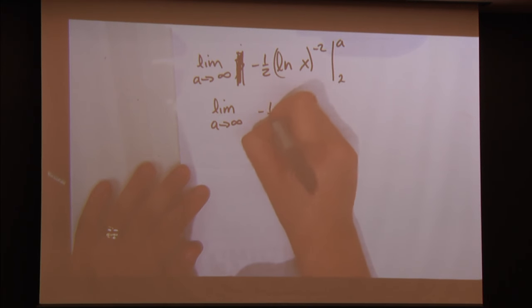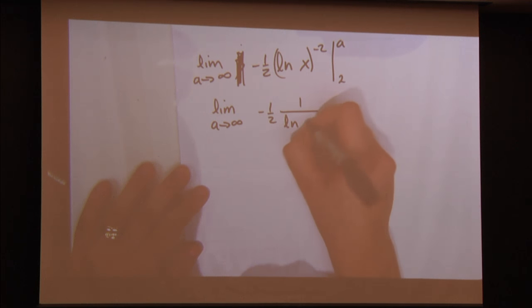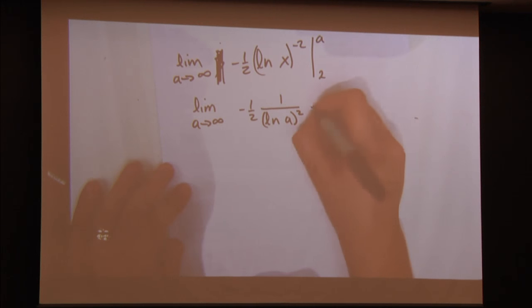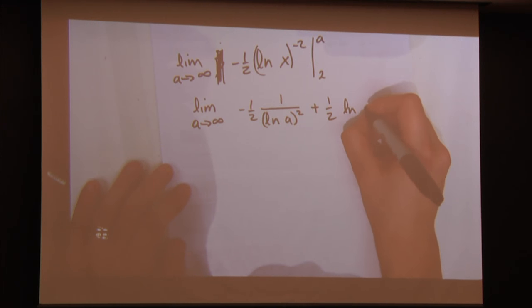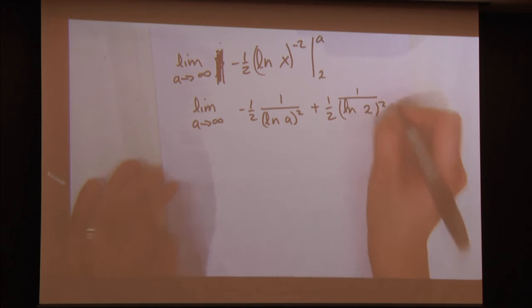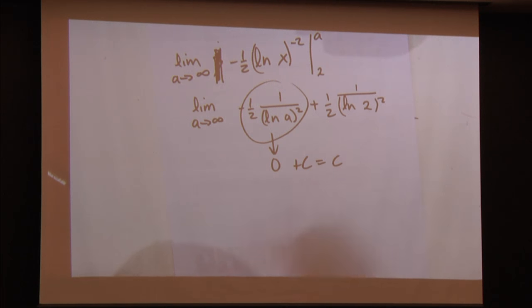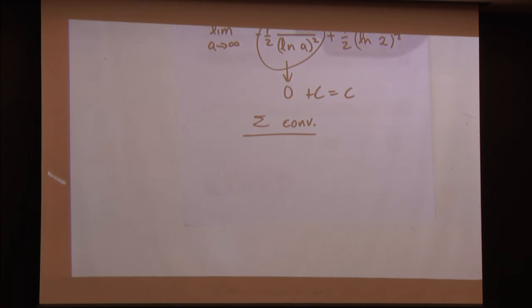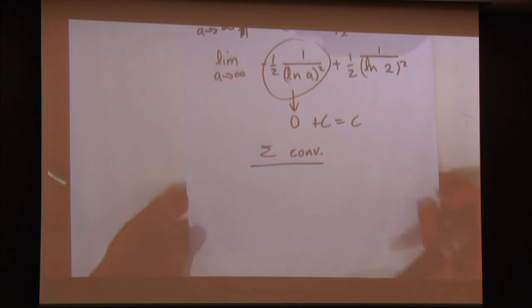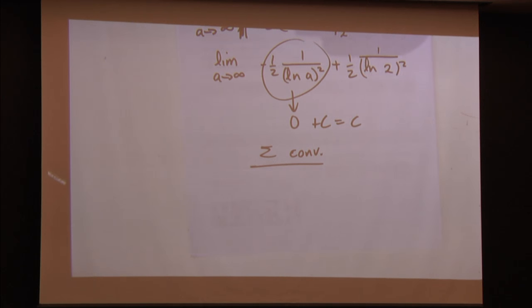So we have negative 1/2 over ln a squared plus 1/2 over ln 2 squared. The first part's a constant. I don't care about it. This guy's what I care about. As a approaches infinity, what happens? It goes to 0. We have 0 plus a constant, which is equal to a constant. Therefore, our series converges. Okay. We good?